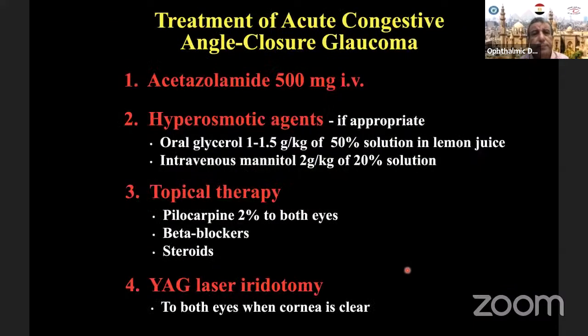Okay, how are you going to treat such a case, which is an acute emergency? Whether you are an ophthalmologist or a general practitioner or a house physician sitting very far in the peripheral rural area, you should be able to identify such cases, because it is crucial not to mess it up.